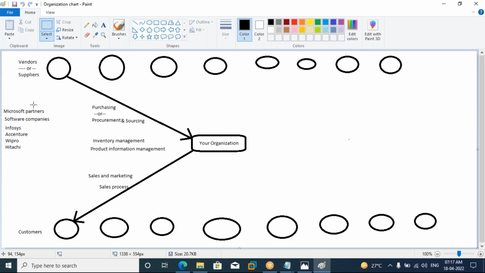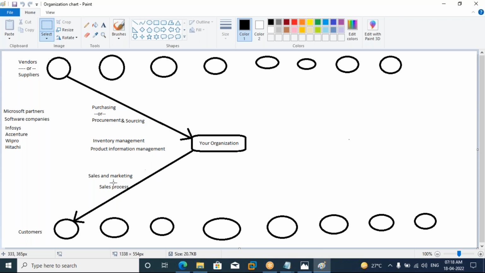Now, if you want to learn any ERP, you need to imagine you are running your business. This is your company. You are purchasing material from different companies. These companies are called vendors or suppliers. This is called the purchasing process, or procurement and sourcing module.